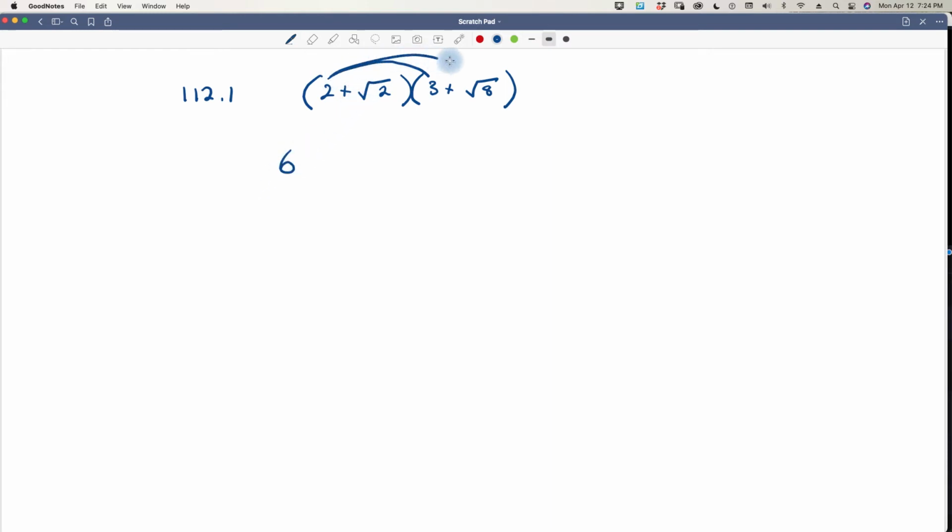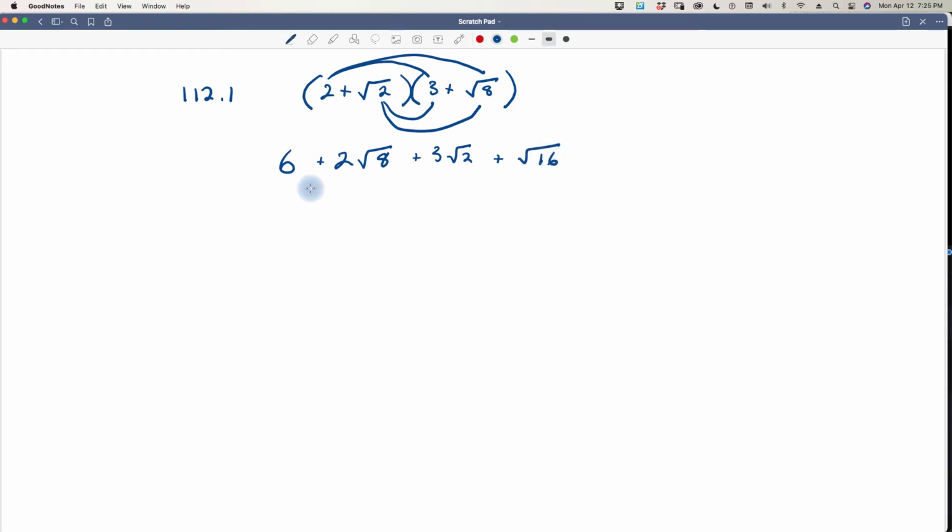Our outer answer is 2 times the square root of 8. Our inner answer, 3 times the square root of 2. And our last answer is going to be the square root of 16.